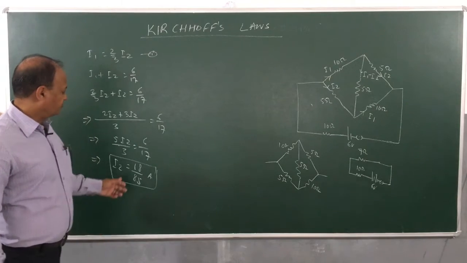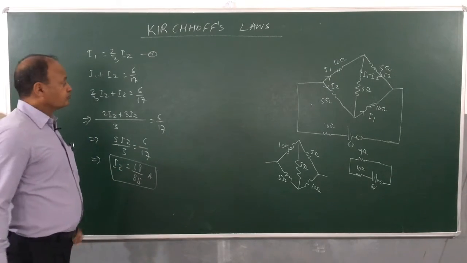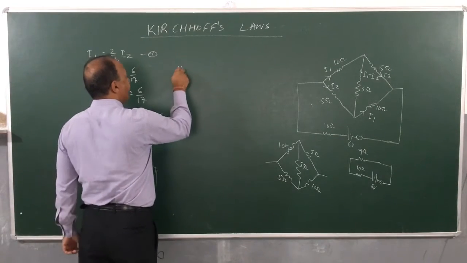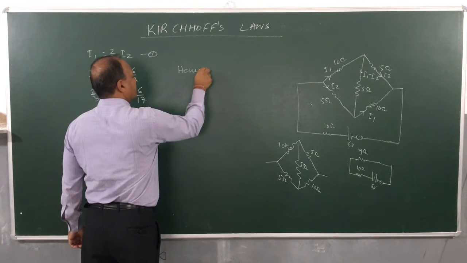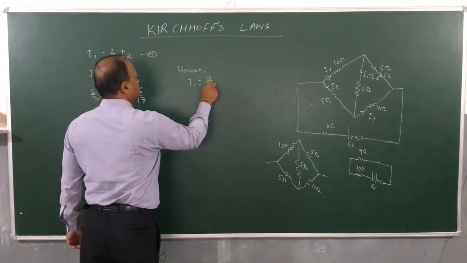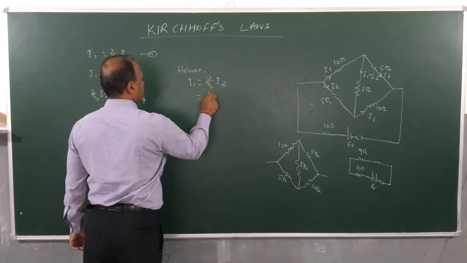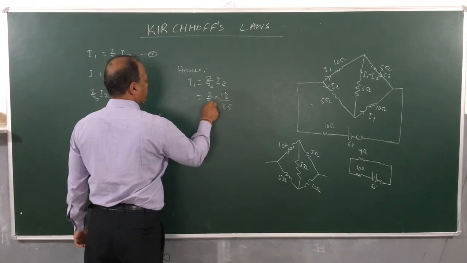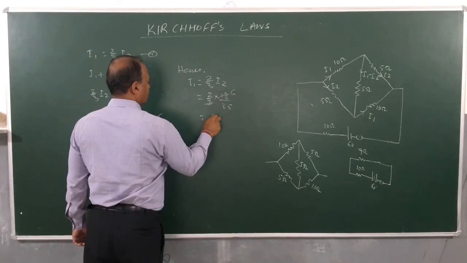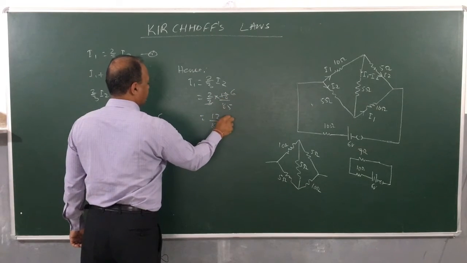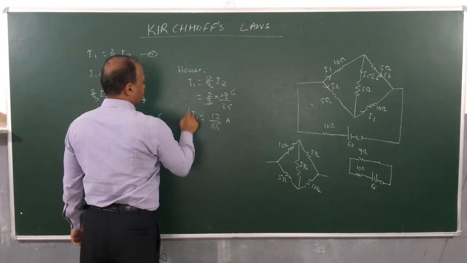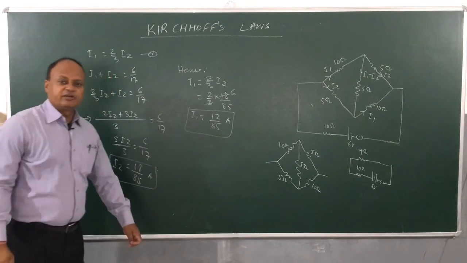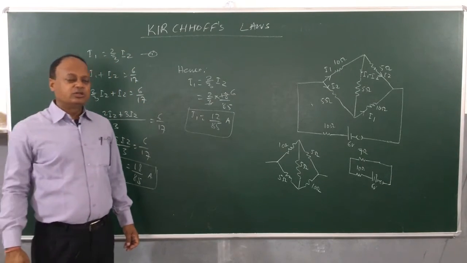That's 18 divided by 85 ampere. Hence I1 equals 2 by 3 I2, that is 2 by 3 times 18 by 85, which gives 12 by 85 ampere.